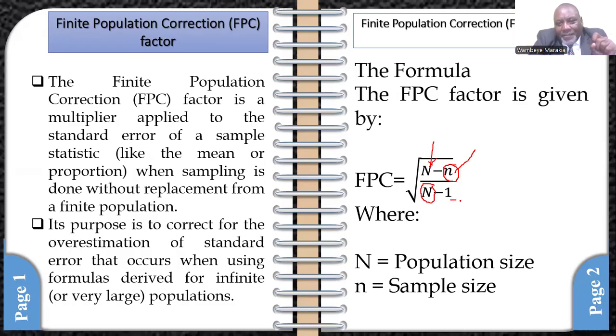As I've said, capital N represents population size, and lowercase n represents the sample size.